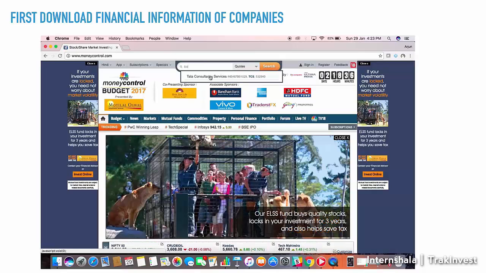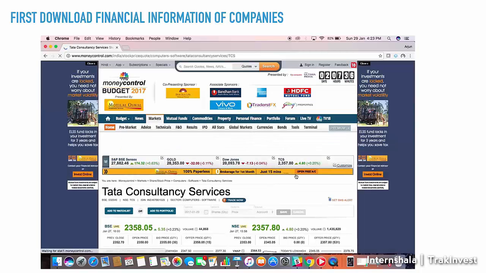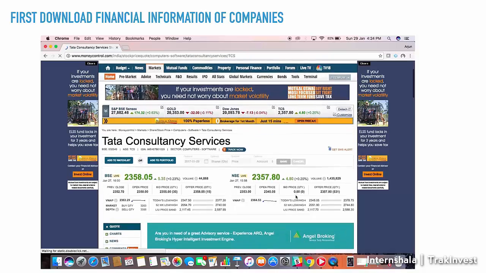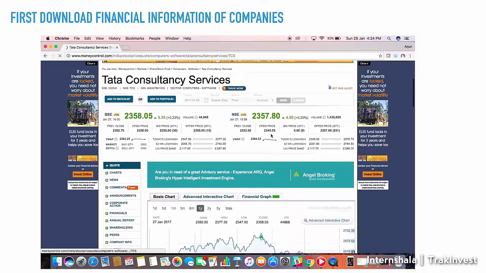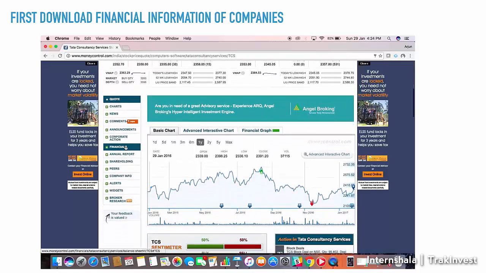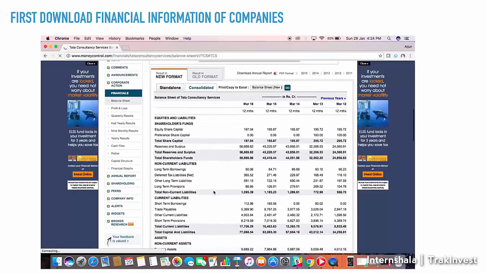As soon as I do that, all the information about TCS will pop up. Its current stock price will show on NSE and BSE as shown on the screen. Then as I scroll down, I see a lot of information, and on the left side, I can go into the financial section where I can get the balance sheet of the company.